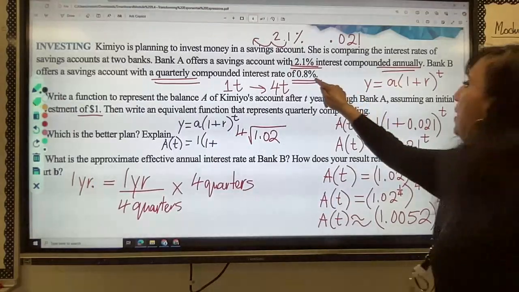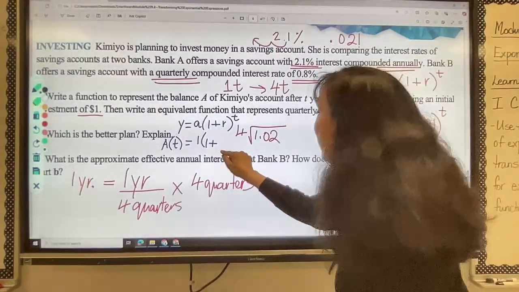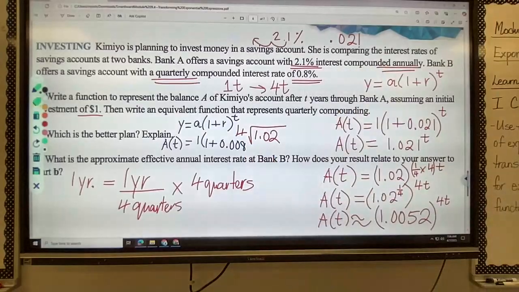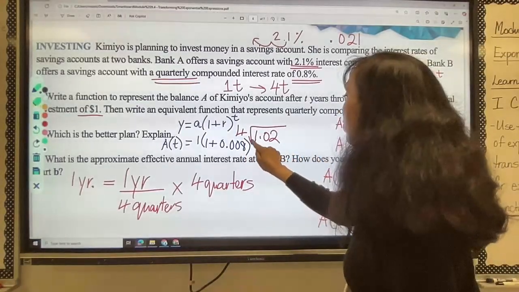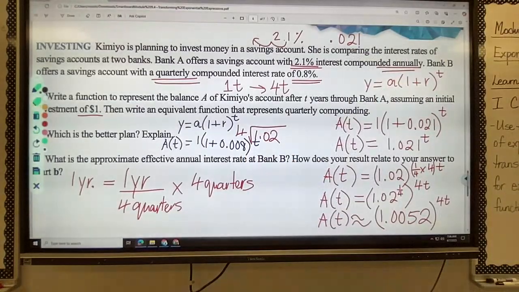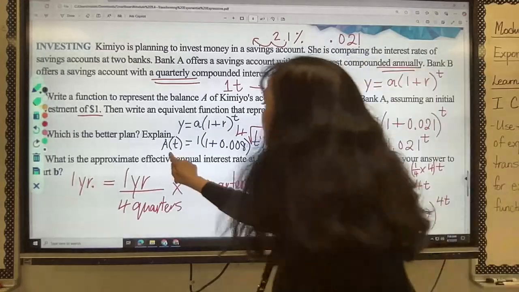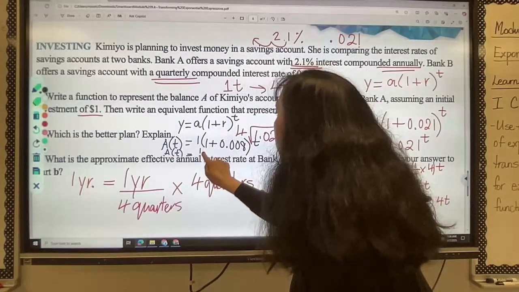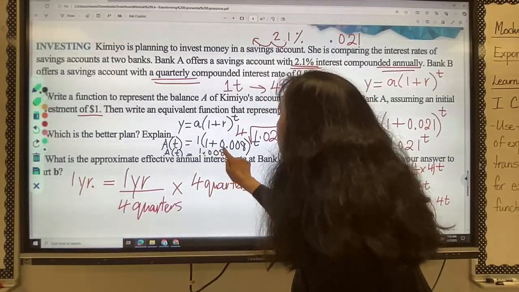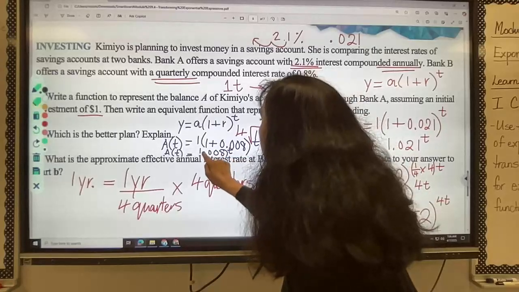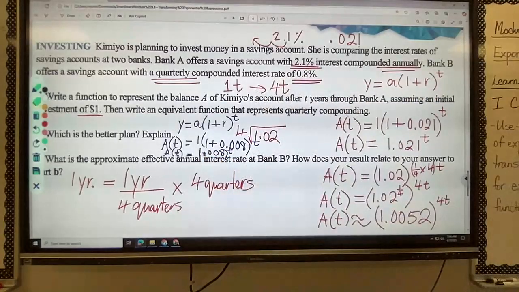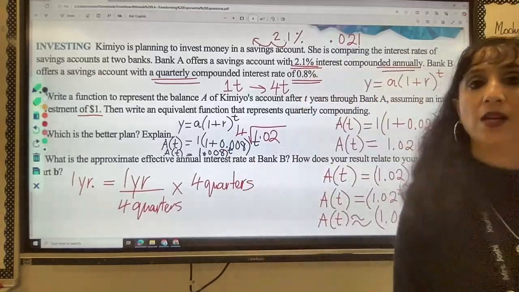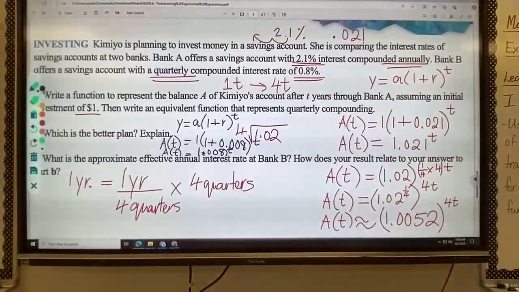It is 0.8%, which as a decimal is 0.008, raised to the t power. When I simplify this, I get A of t is equal to 1.008 to the t power. Okay, so this is what I have right now. I have simplified it.